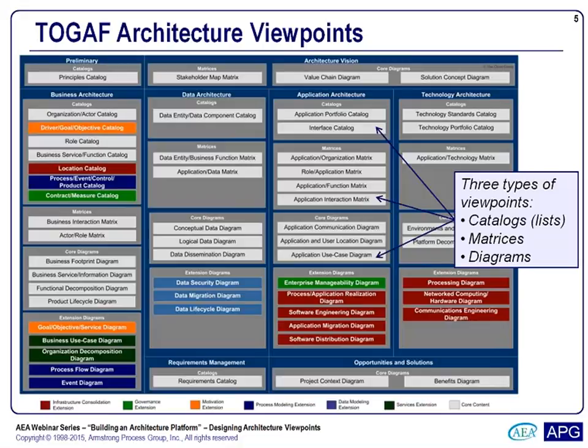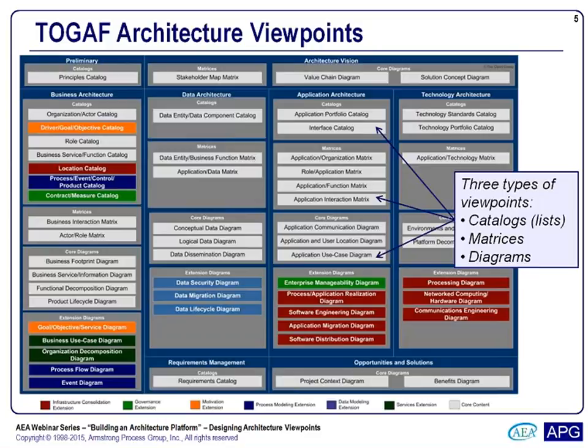And there is a little bit of indication in this picture and the one that we'll see next that you don't necessarily want to do all of these. The core viewpoints, the ones in light gray, are those viewpoints that are likely to be useful for many different types of architecture engagements, whereas the ones that are color-coded are those added to the library for a specific kind of use case.